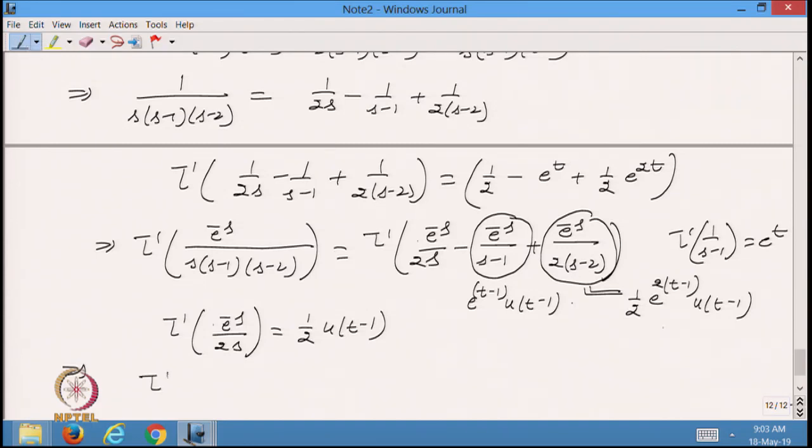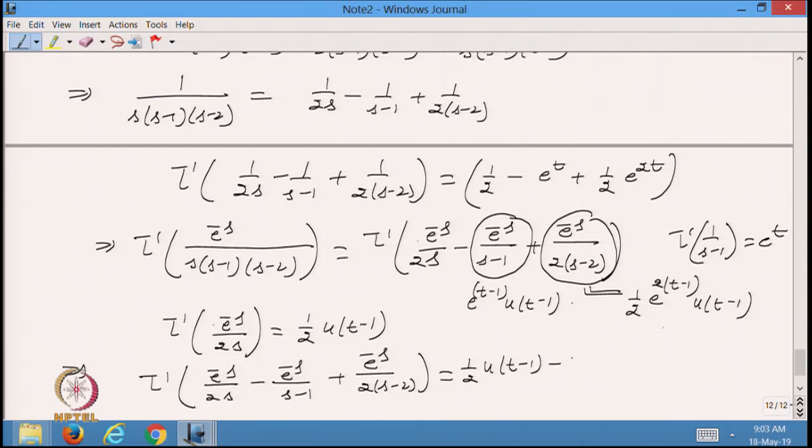then the Laplace inverse of the whole factor, s minus 2, will in this case be equal to 1 by 2 u(t-1) minus e^(t-1) into u(t-1) plus half e^(2(t-1)) u(t-1).